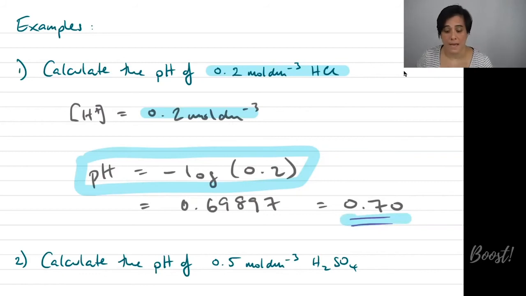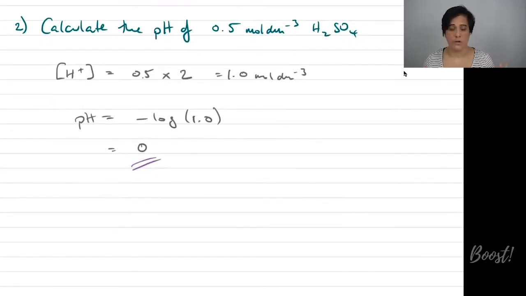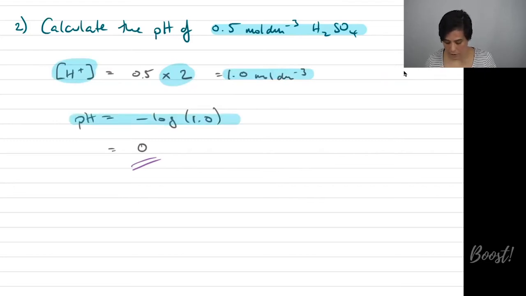So the pH of this acid will be 0.7. With H2SO4, we've got to remember to multiply our concentration of acid by 2 to give us the correct concentration of H+ ions, which is then going to be 1 mole per decimeter cubed. We put that into our pH equation to give us the pH value of 0.